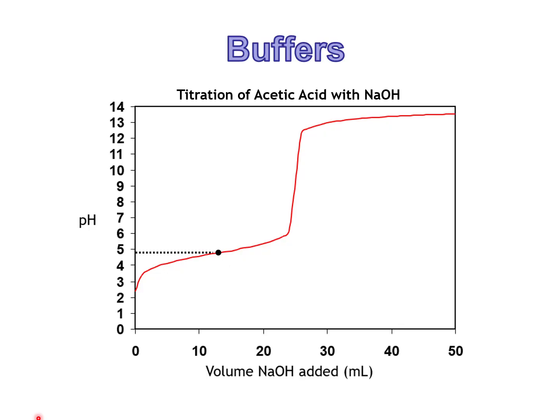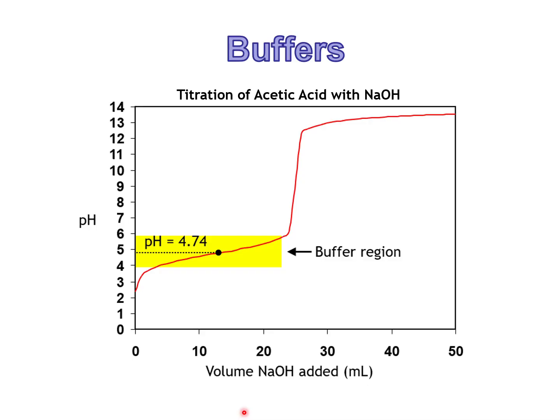So we can look at a titration curve and define a buffer region. The pH is going to be plus or minus 1 unit around the pKa for that particular acid.